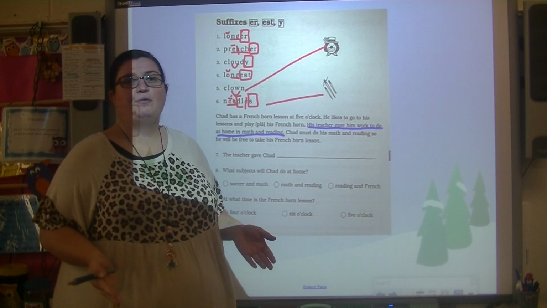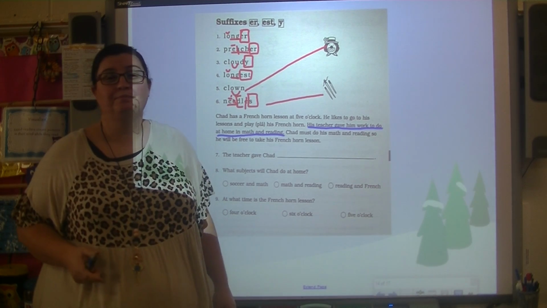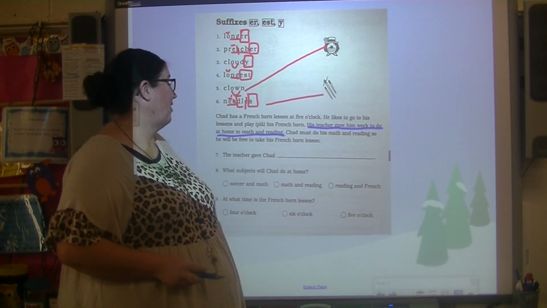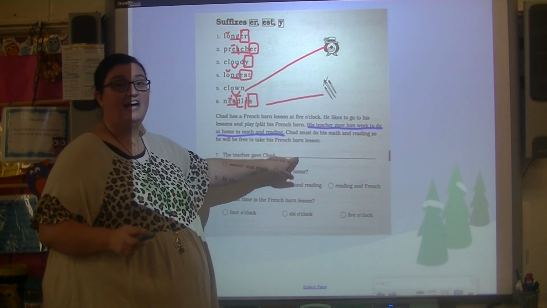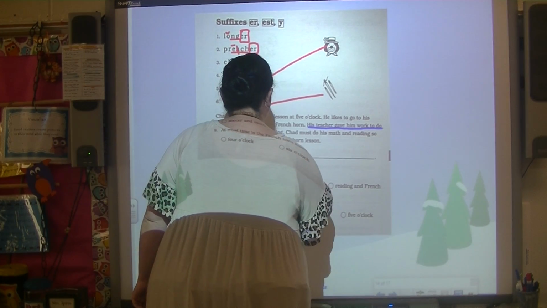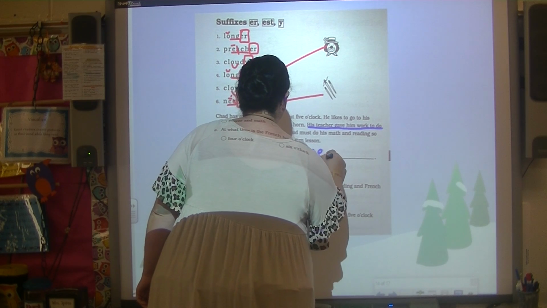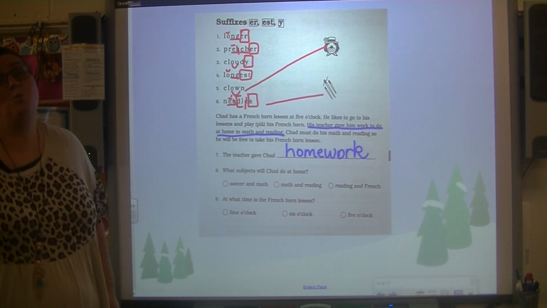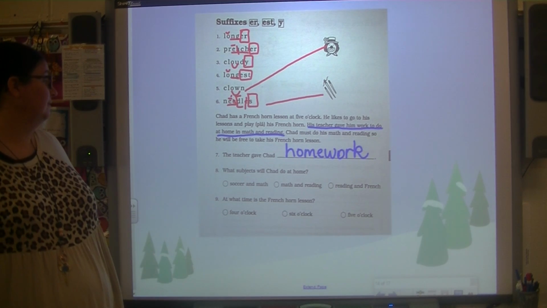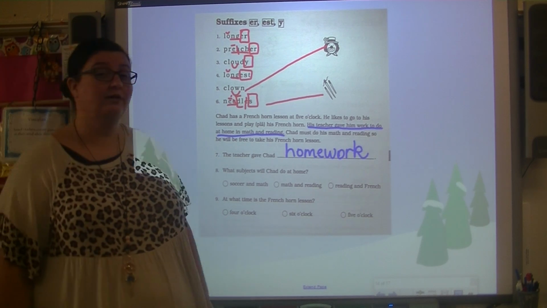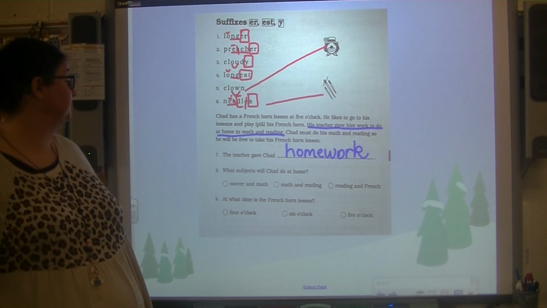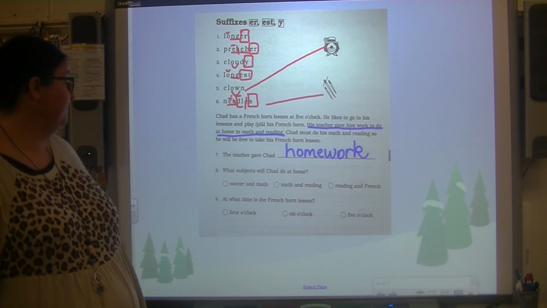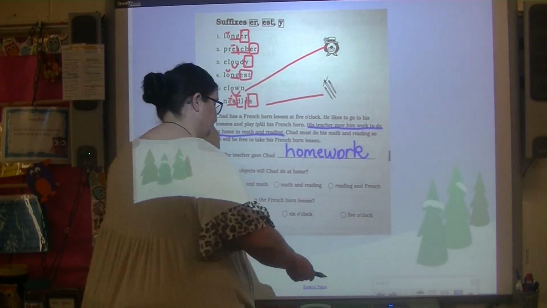All right, what do you call that when your teacher gives you work to do at home? It's a compound word. Homework. So I could say the teacher gave Chad homework. You could copy it exactly like they have it, but I'm going to say she gave him homework. It's the same thing. I changed it around into a compound word. That means the same thing. So it's up to you how you want to word it. That's the wording I chose.